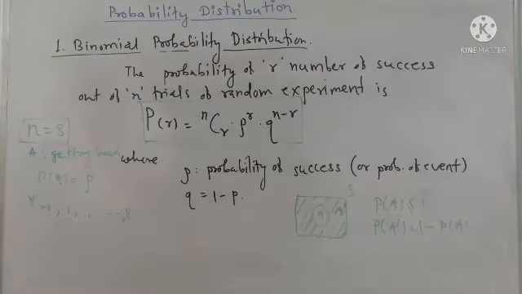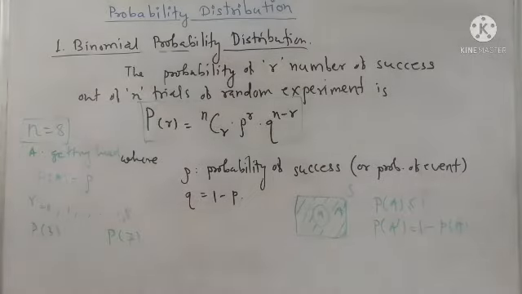Now if we want 3 successes, we denote it as P of 3, that is, probability of 3 successes. If we want 7 successes, we represent it as P of 7, that is, probability of 7 successes.